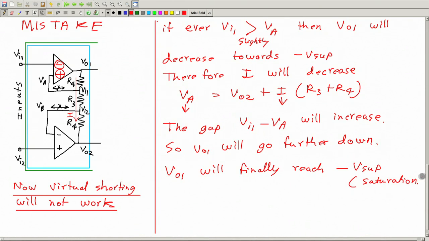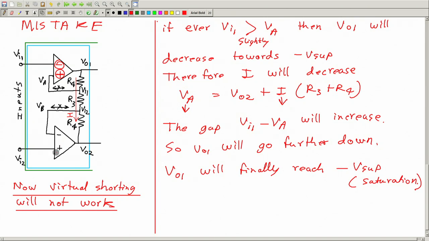So the output will go to saturation, and this gap continues to increase in a chain reaction. There was no chance that this gap would be brought down to 0. So virtual shorting in this case will not work.